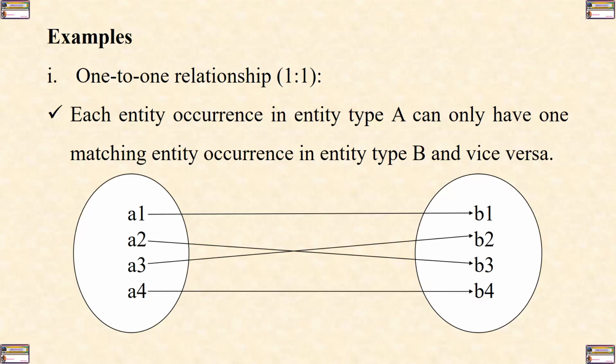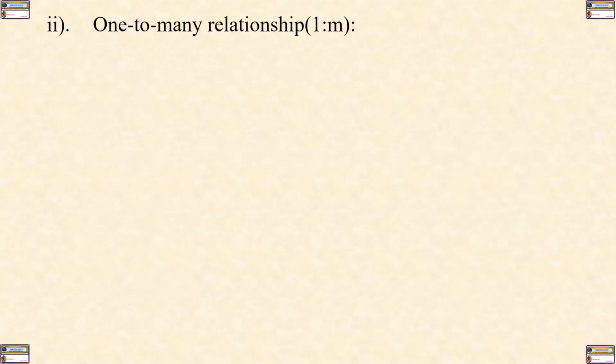As you can see, in the first table, the first field, A1, is related to only a single field in table 2, B1. Field A2 has only a single matching field in the second table, and so on. So each entity occurrence in entity type A can only have one matching entity occurrence in entity B and vice versa. So that is one-to-one.